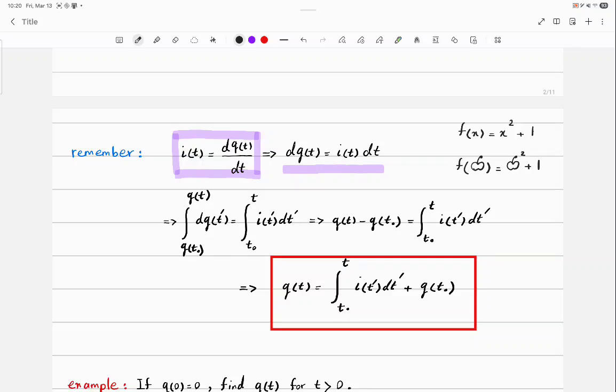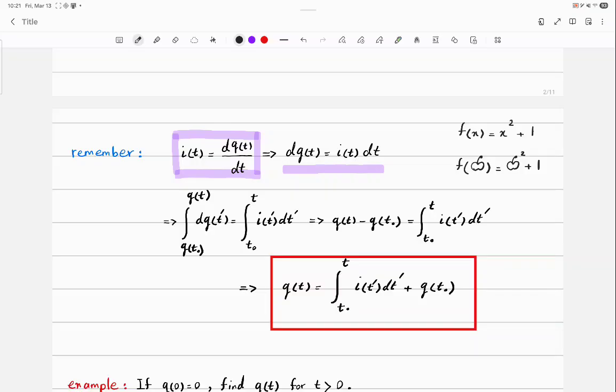Okay, so I write my integral, and then what is the integral of dq? What is the integral of dx? X. So the integral of dq is q from the upper bound minus the lower bound.